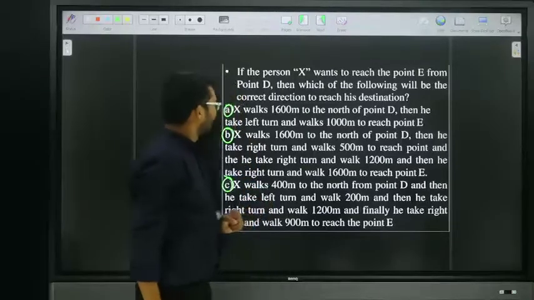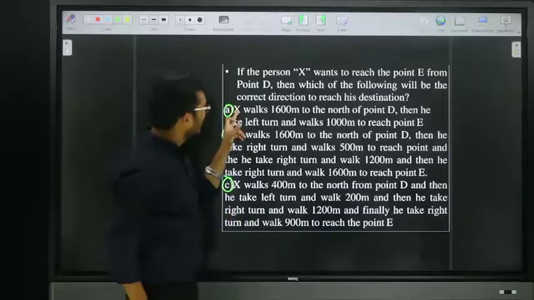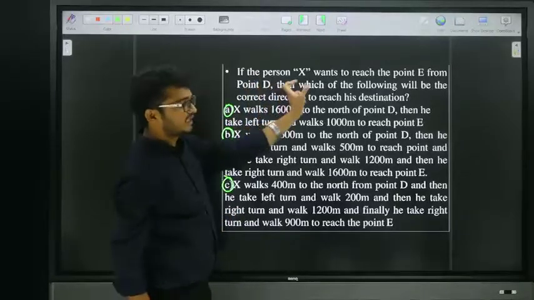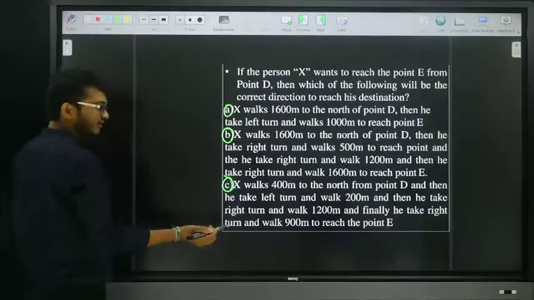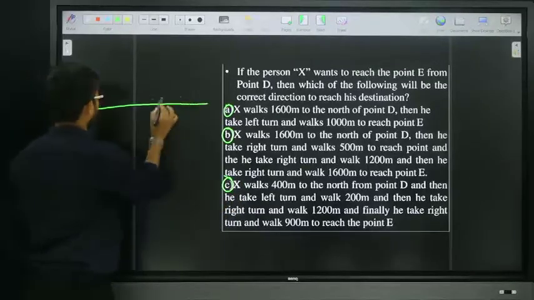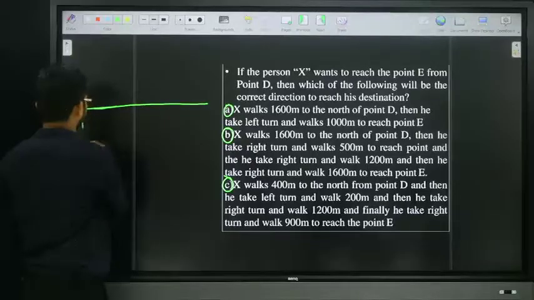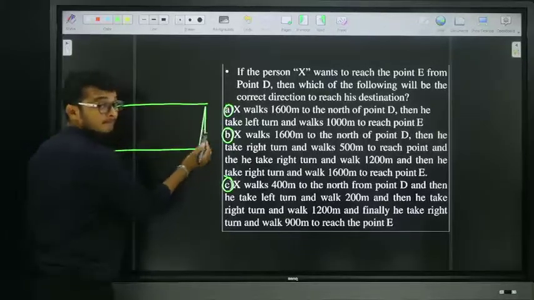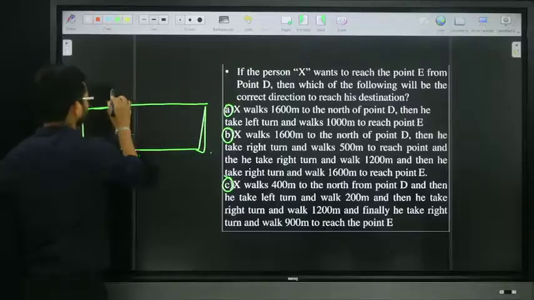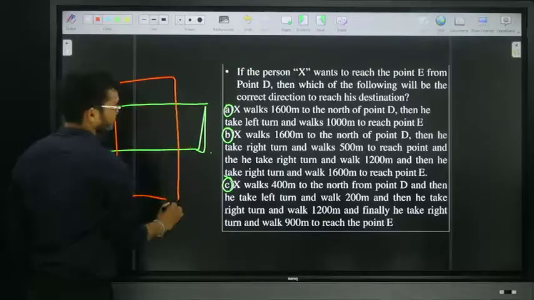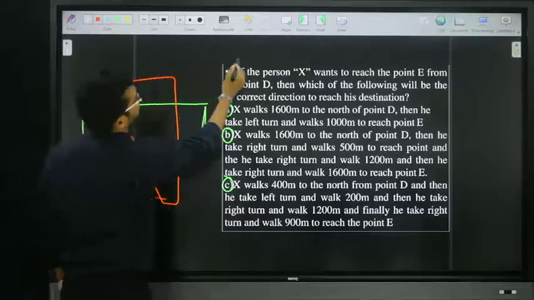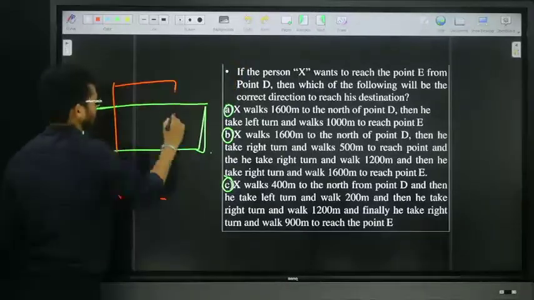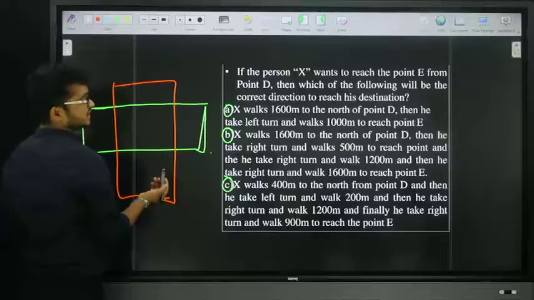Yes, friends, the measurement is what? The measurement is from point E. Friends, check here, our answer is what?